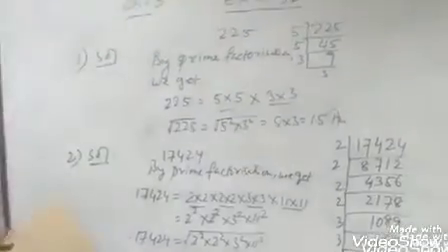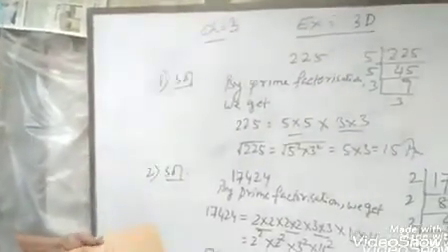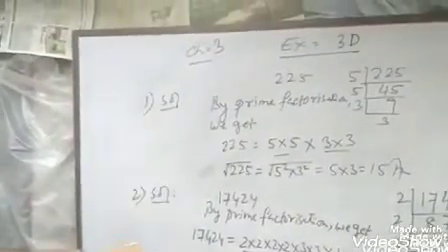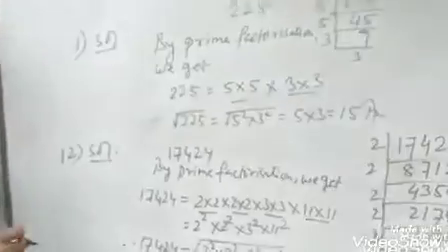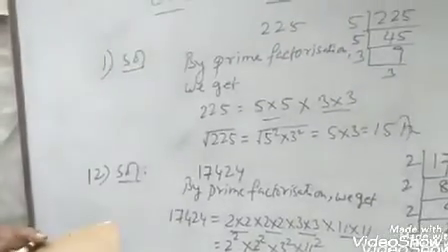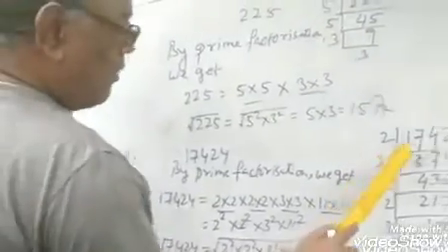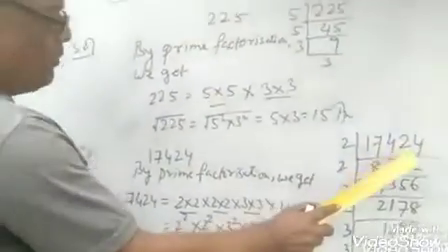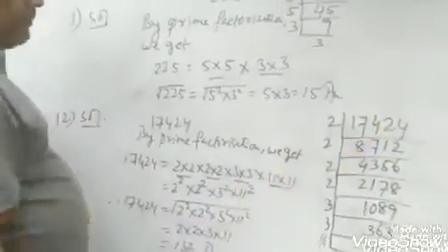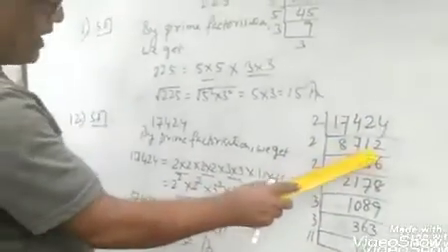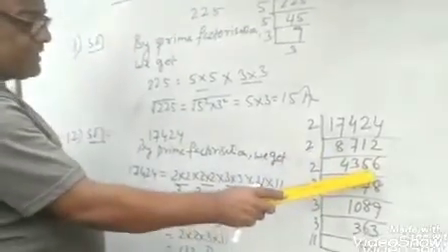Now question number 12, 17424. Solution by prime factorization method, we get 17424 divided by 2, we get quotient 8712. Next 8712 divided by 2, quotient is 4356.